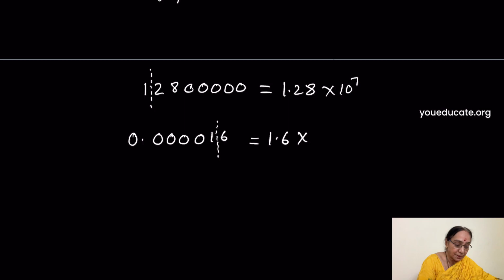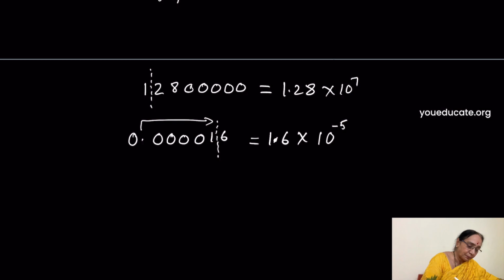Only when you multiply this decimal by 10 to the power of 5, the point is going to be placed between 1 and 6, and you get 1.6. Now how to compensate that? Now you will have a negative power, 10 raised to minus 5. Here also you count how many places this decimal has moved. 1, 2, 3, 4, 5. So it's 1.6 into 10 to the power of negative 5.